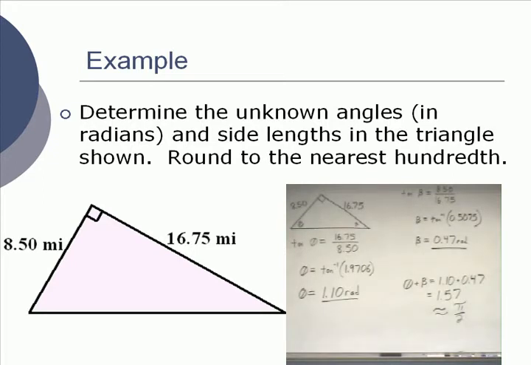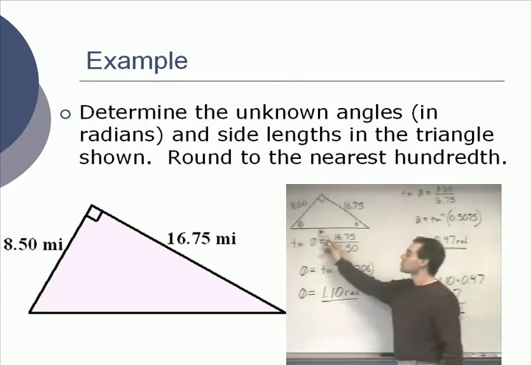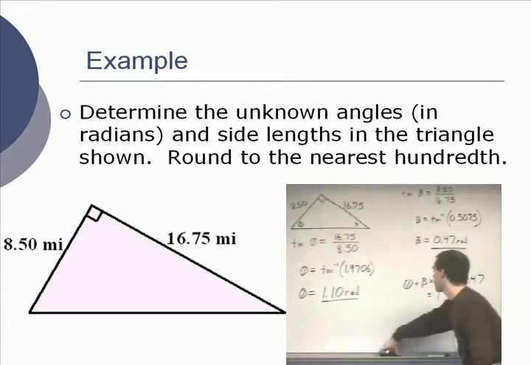Now, we still aren't completely done with the question. We have one very small thing to finish out yet, and that is to find that missing side length. Now, what would you use here to find that missing side length? Use the Pythagorean theorem. Absolutely. We could find the missing side length as we did yesterday by knowing this angle in a trig function, but we can use Pythagorean theorem.